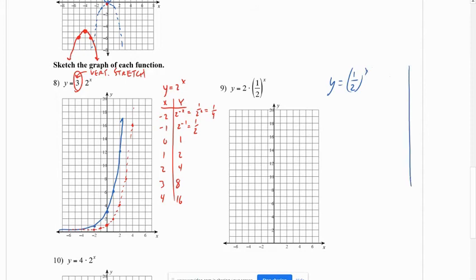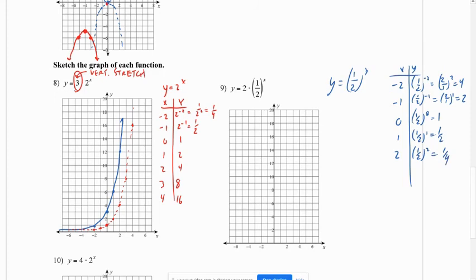And so if we make a quick table of values, we'll do -2, -1, 0, 1, 2, and so (1/2) to the negative second power is the same as the reciprocal to the positive second power, which will just be 4. (1/2) to the negative first power is the reciprocal to the positive first power, which is 2. (1/2) to the 0 power is 1. (1/2) to the first power is 1/2, and (1/2) to the second power is 1/4.